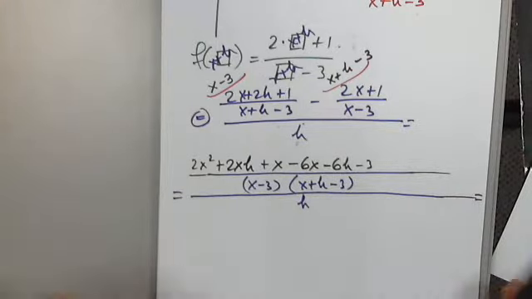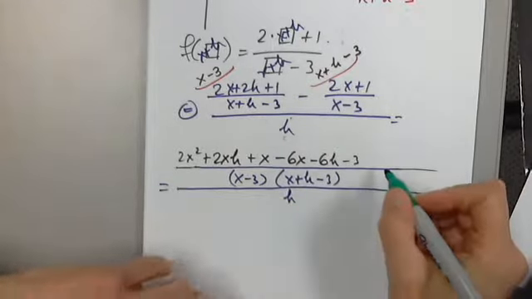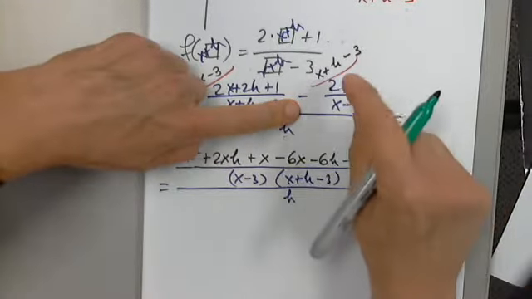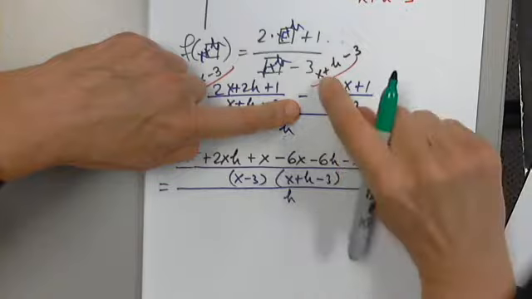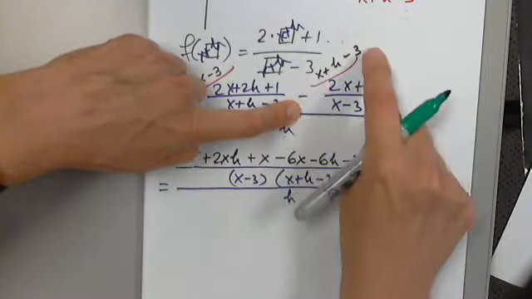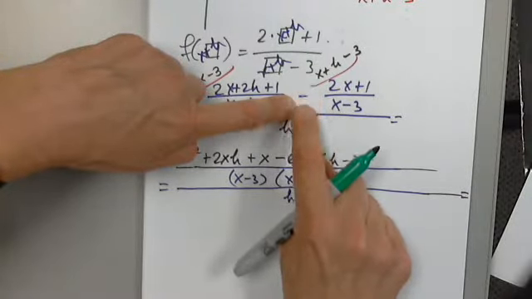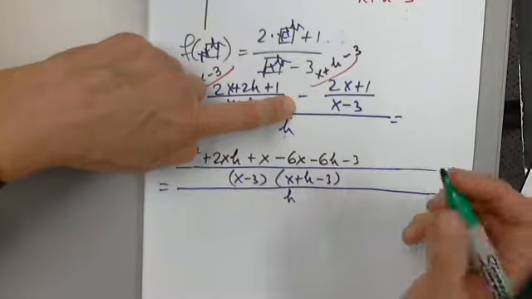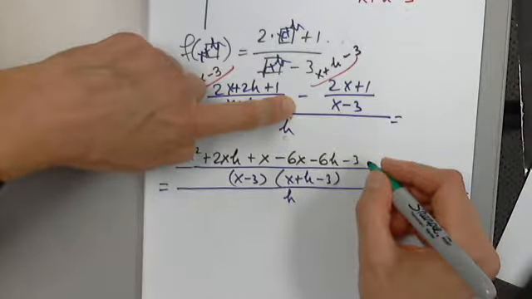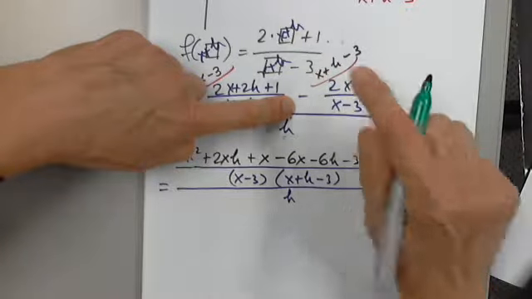Can anyone other than Joe dictate the next part? Because I know he did it well. So I recommend, since this one has 2 terms and this one 3, I will distribute 2x to these 3 terms and then 1 to these 3 terms. And at the same time, I will not forget to distribute -1. I'm ready when you are. -2x squared.